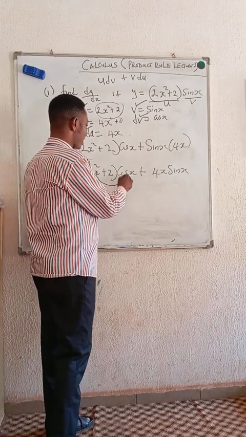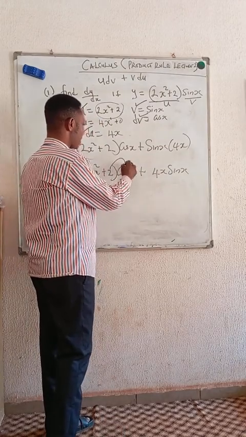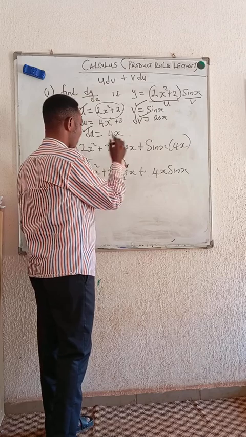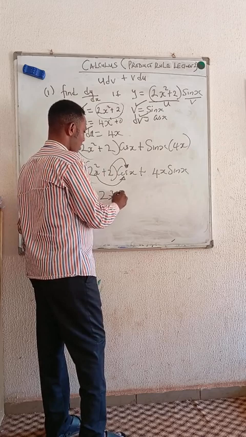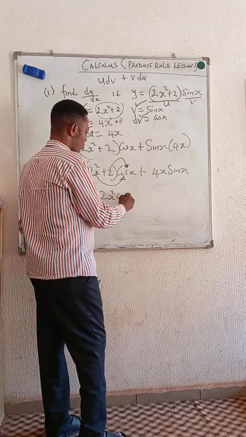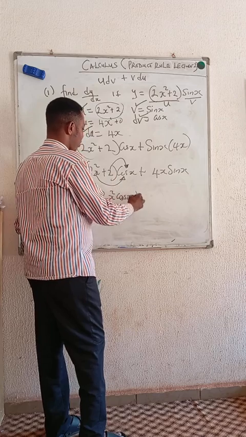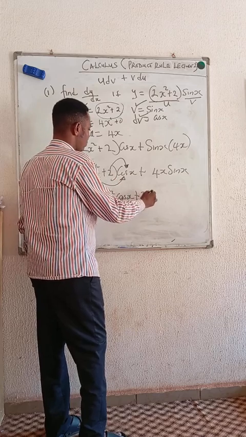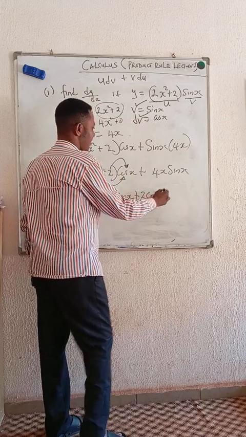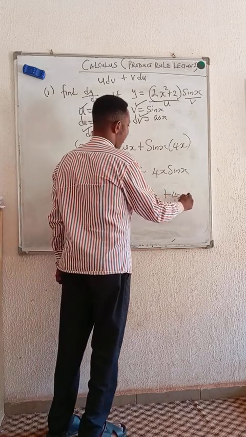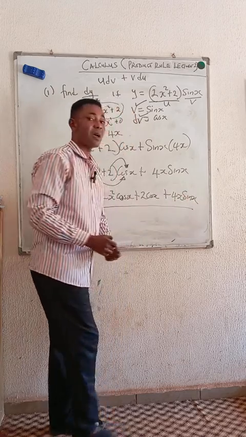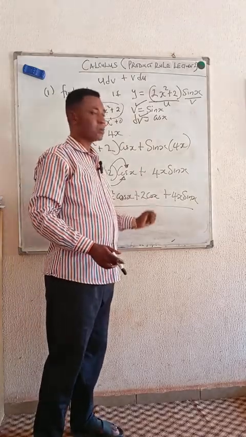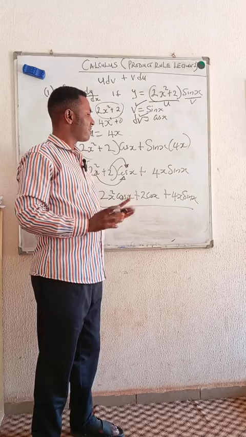That is 2x squared times cos x, we have 2x squared cos x. Then plus 2 times cos x, we have 2 cos x. Then plus 4x sine x. You see it now? So this is the answer. This is very, very simple.